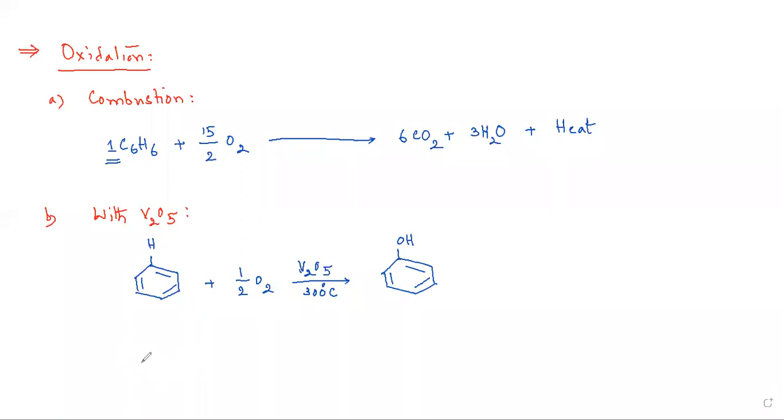Now the interesting one is this. Benzene with oxygen, I mean an oxidation using the same vanadium pentoxide at a temperature of 500 degrees centigrade, gives an interesting compound.